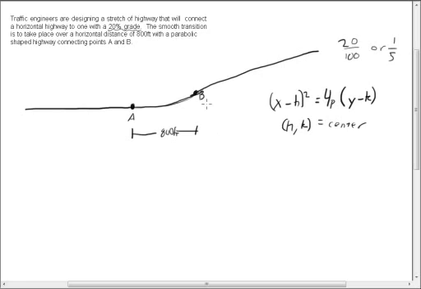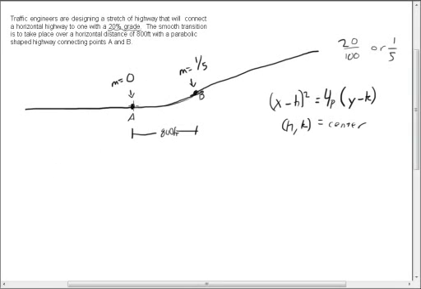Okay, so now we know that the way we need to go about this is very similar to a Calculus 1 problem where you make up a curve at 2 points based on what its slope will be. So we know at this point, slope is 0, and at that point, slope is 1/5.